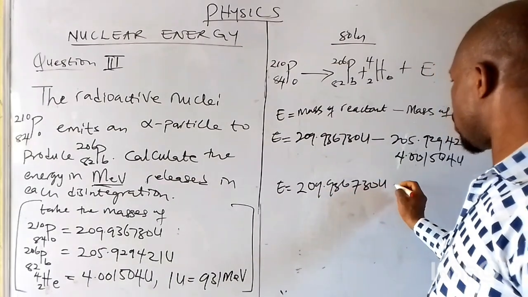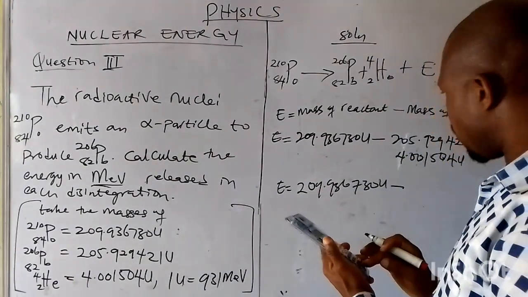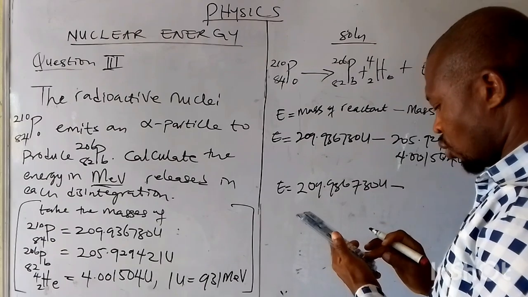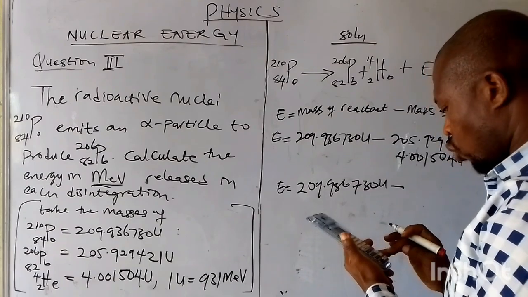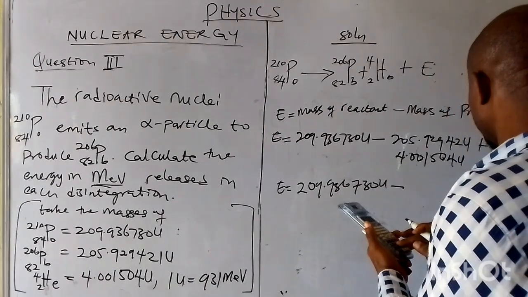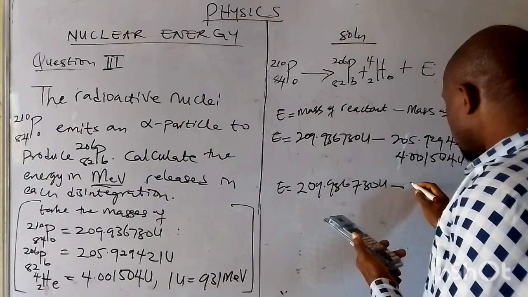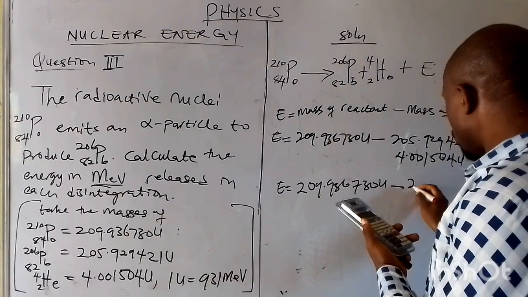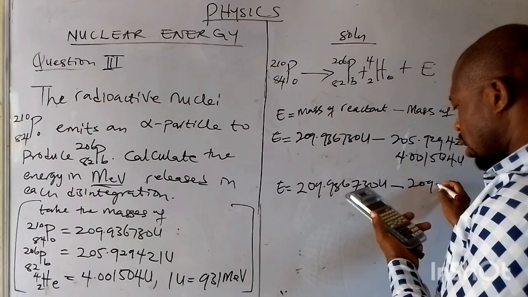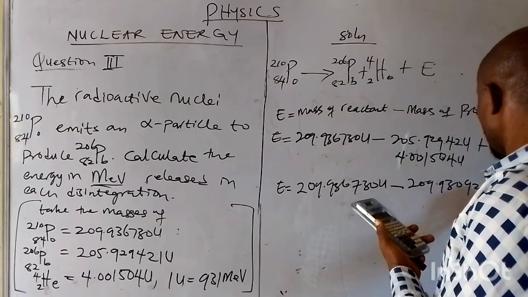209.936730 minus, I will add these two. So if we add 205.92942 plus 4.001504, at the end of the day, this side will give us 209.930924.